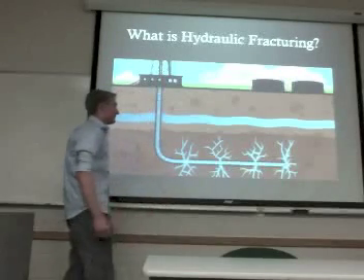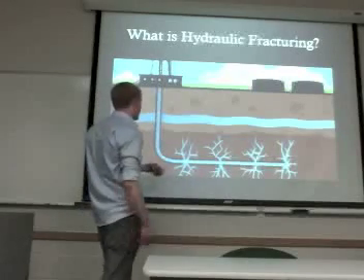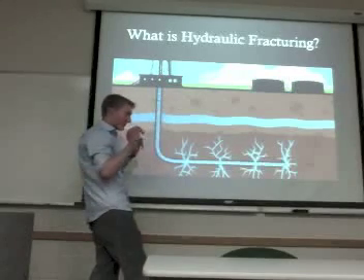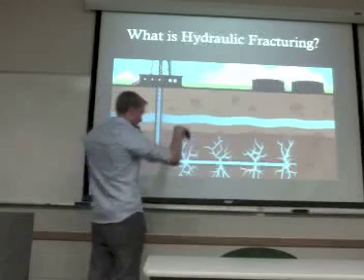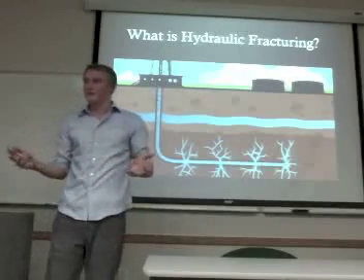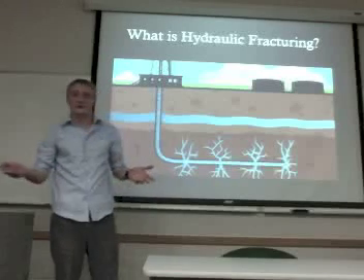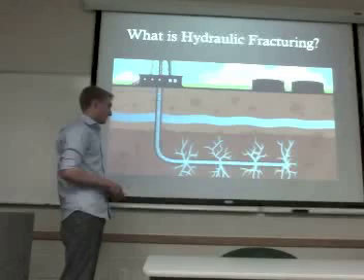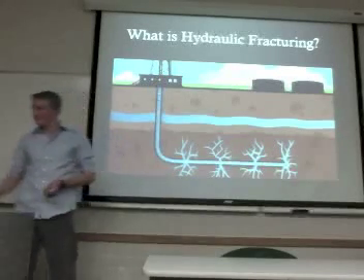After that, the concoction of water, sand, and chemicals is injected at extremely high pressures, where it further increases and expands these fissures, which then allows natural gas to flow back through the pipeline to the surface, where it can be collected and condensed into maybe liquefied petroleum and used for any number of processes.